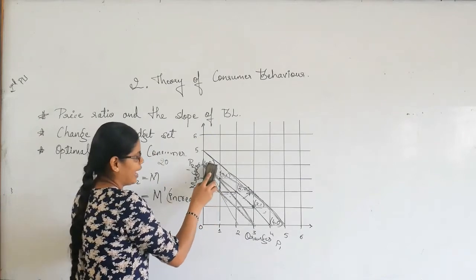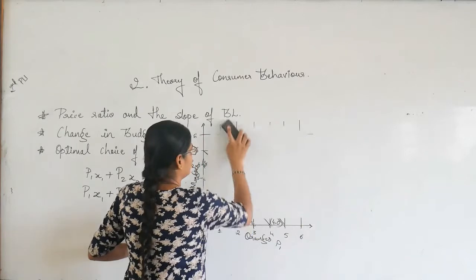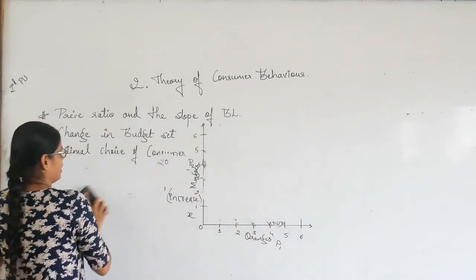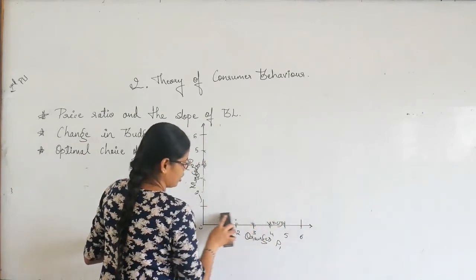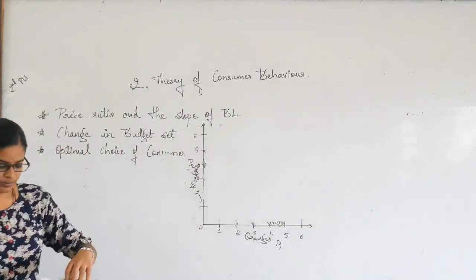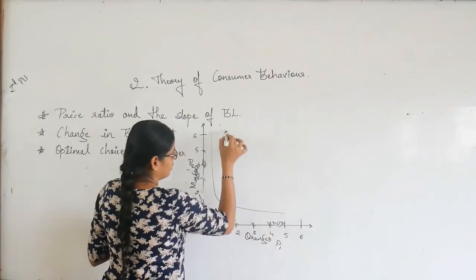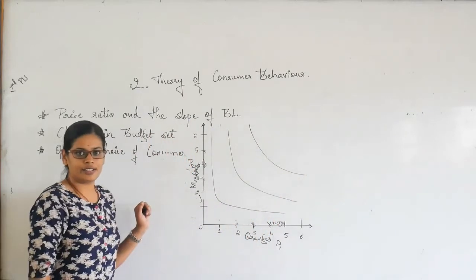Next, we have something called the optimal choice of the consumer. Okay, what is this optimal choice of the consumer? We have studied the indifference curve, right? I hope you all remember the indifference curve.